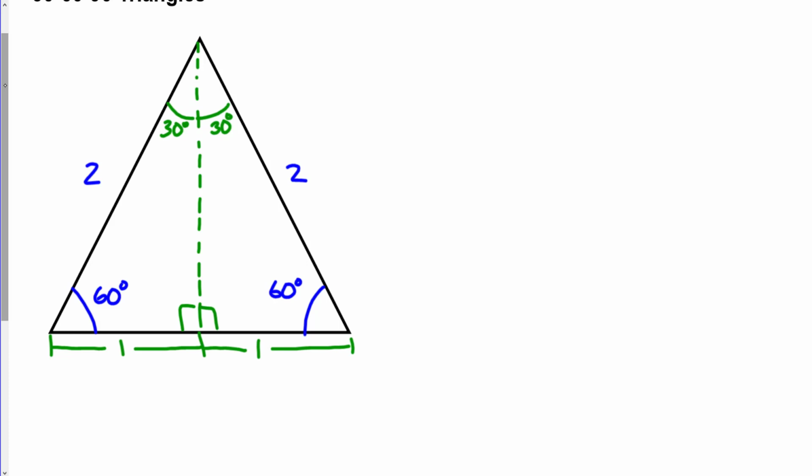It's going to be useful to know the height of the triangle. The height of the triangle I'll label as x. How can we figure out what x is? Well, if we know two sides of a right triangle, we can always use the Pythagorean theorem to figure out the third side. It only works in right triangles. The sum of the squares of the two shorter sides is equal to the square of the longer side, the hypotenuse.